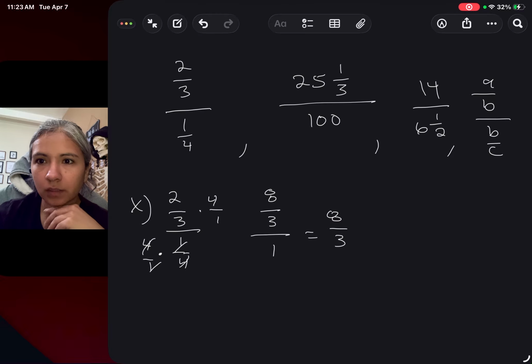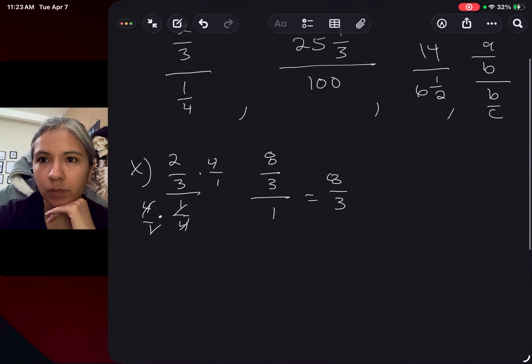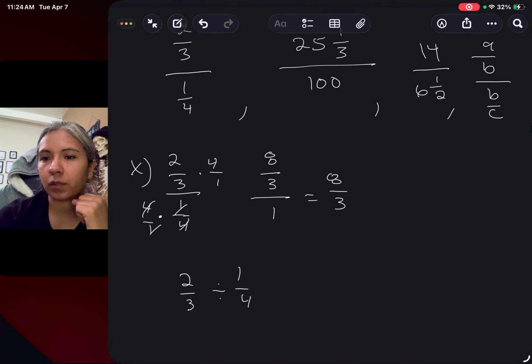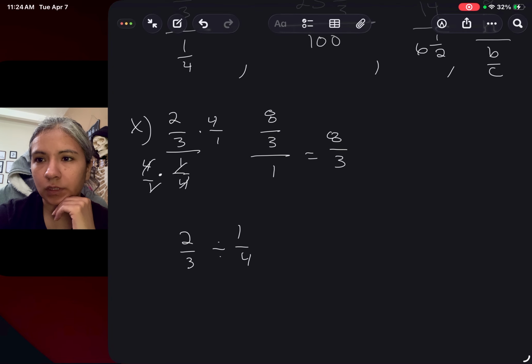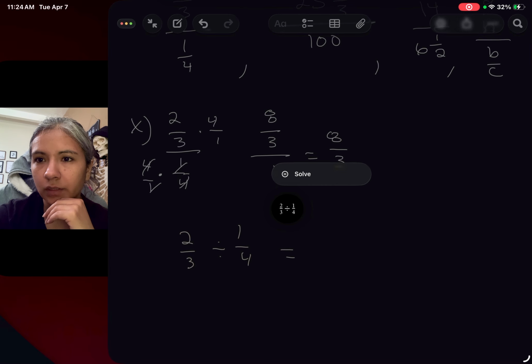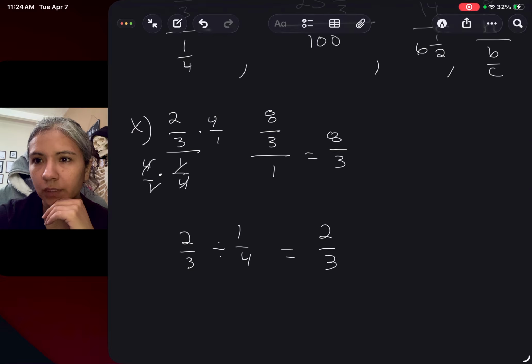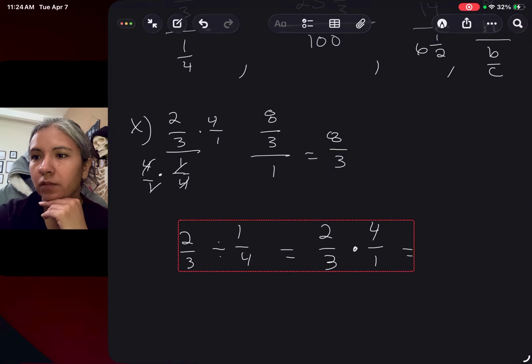Another way that we can look at it is 2/3 divided by 1/4. And from our math rules, that is the same as 2/3 times we flip the second one to the reciprocal, which is 2 times 4, 8, 3 times 1, 3.